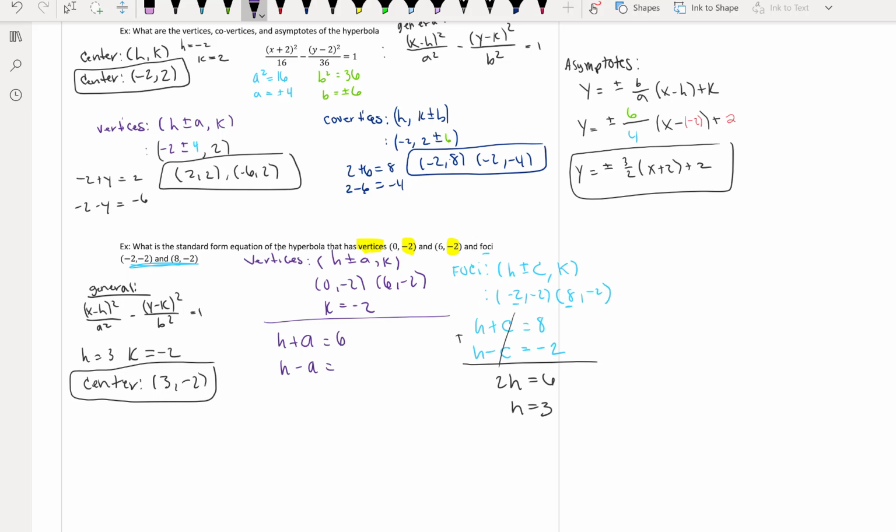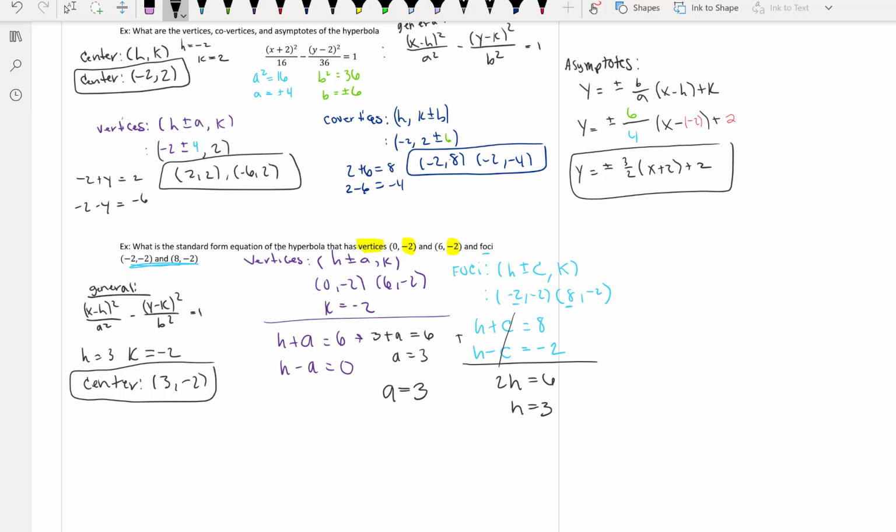And the 0 is smaller. And I already know that h is equal to 3. So this turns into 3 plus a is equal to 6. So 6 minus 3 is equal to 3. So now I have that a is equal to 3. Okay.